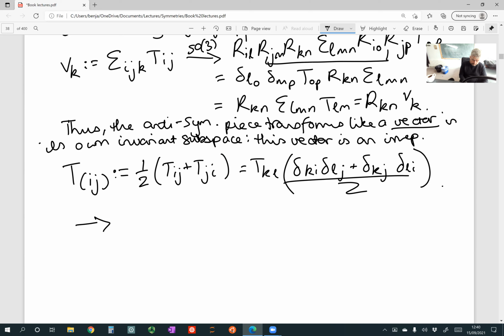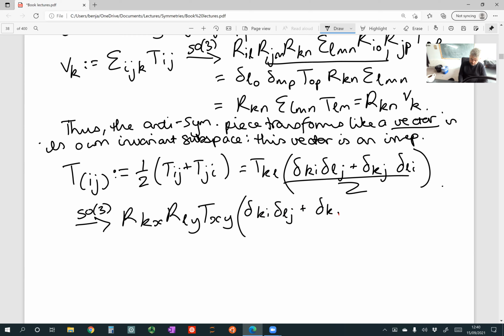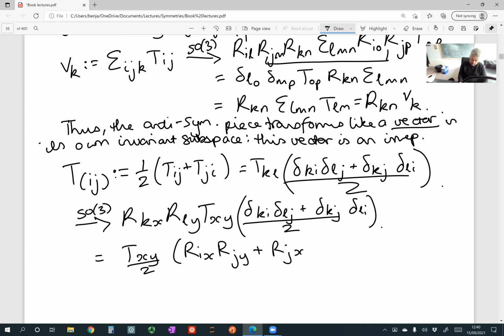So under SO3, what happens to this is we get RKX, RLY, TXY times delta KI, delta LJ plus delta KJ, delta LI over 2, TXY over 2, RIX, RJY plus RJX, RIY.